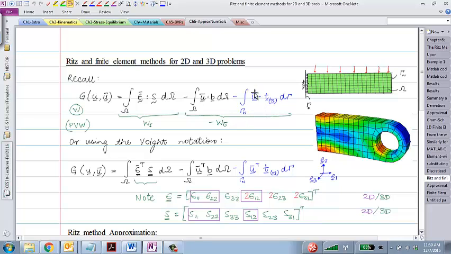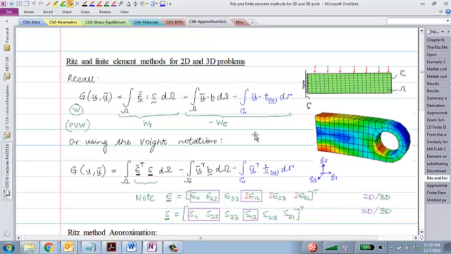And can anybody tell me the integral over gamma d? So gamma is the boundary of the body, right? Boundary of the body is broken up into two parts, one where tractions is specified, one where displacements is specified. Where is the term for integral gamma d? It is set to 0 how? No, so gamma d is where displacement is specified.